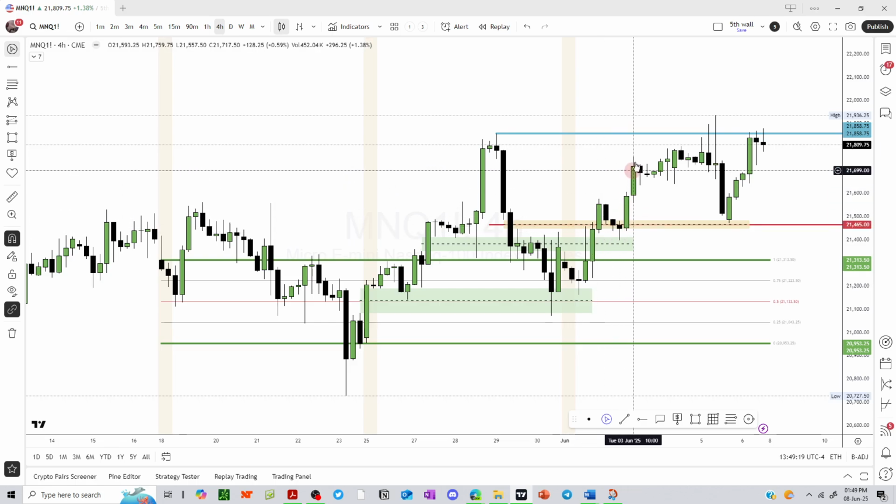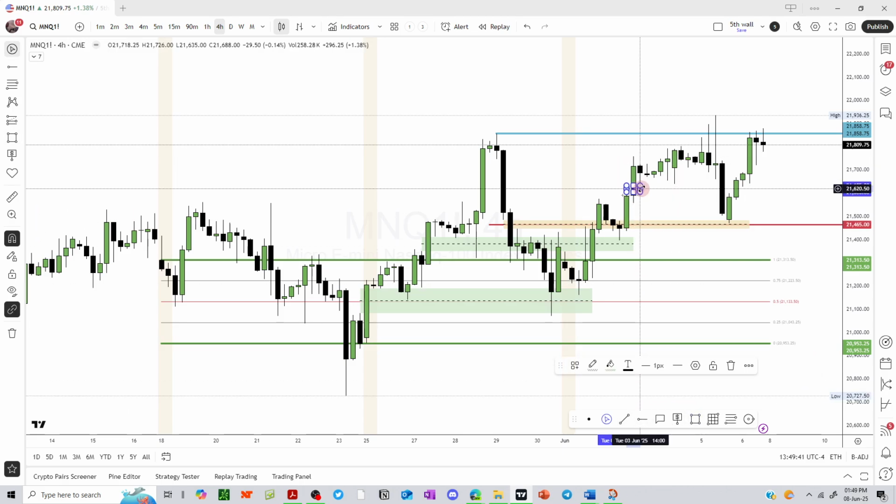So it took off. We have all of this. Technically, this is a balanced price range too. So we'll see. Again, this is targeting previous day's high and previous week's high. Let's see what this looks like here. Didn't come down into it.